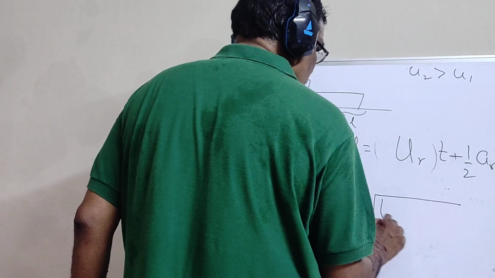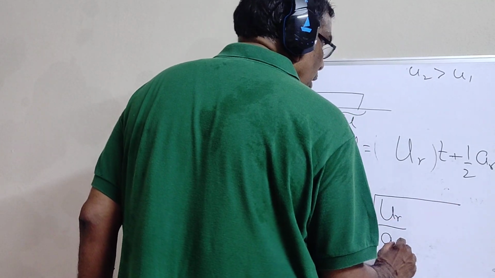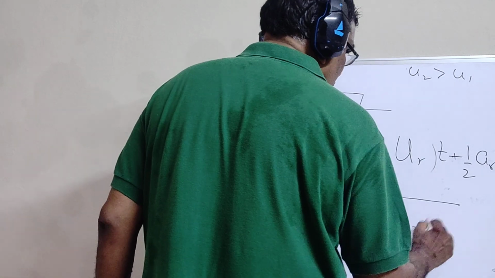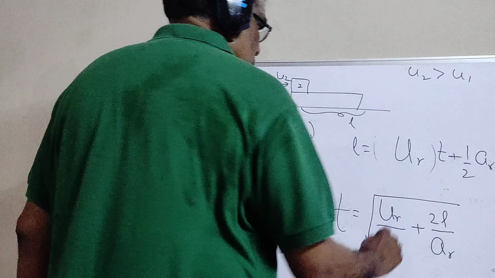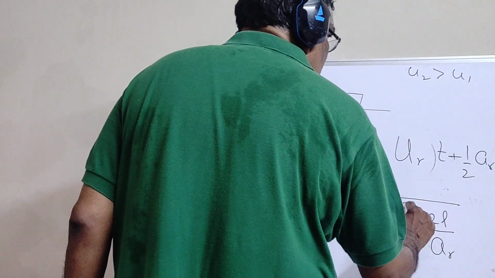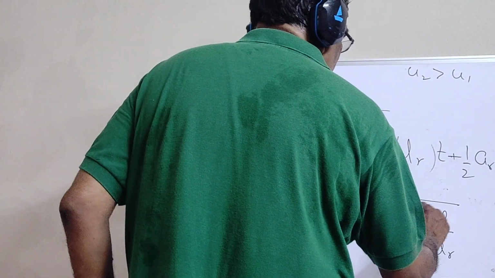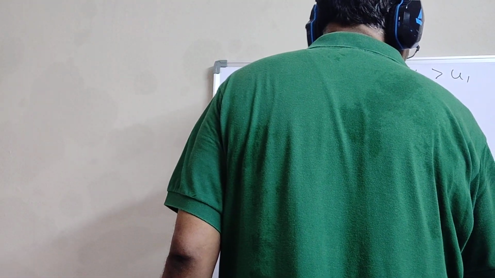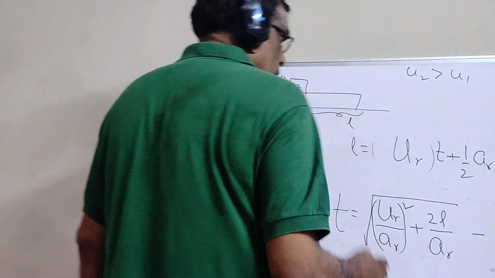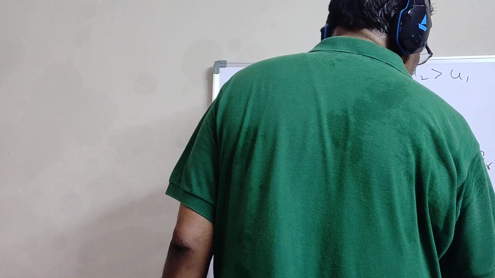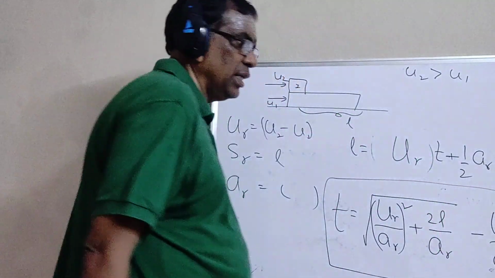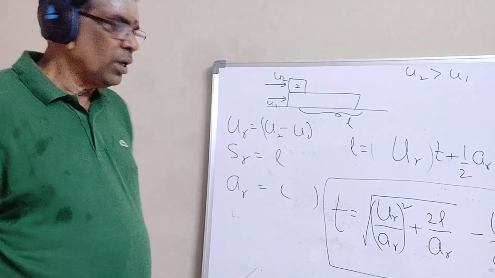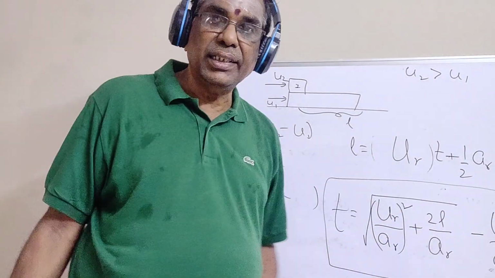Under root of UR by AR plus 2L by AR, minus plus both are in the same direction. This is the same equation as I have developed before. So substitute AR and get this.